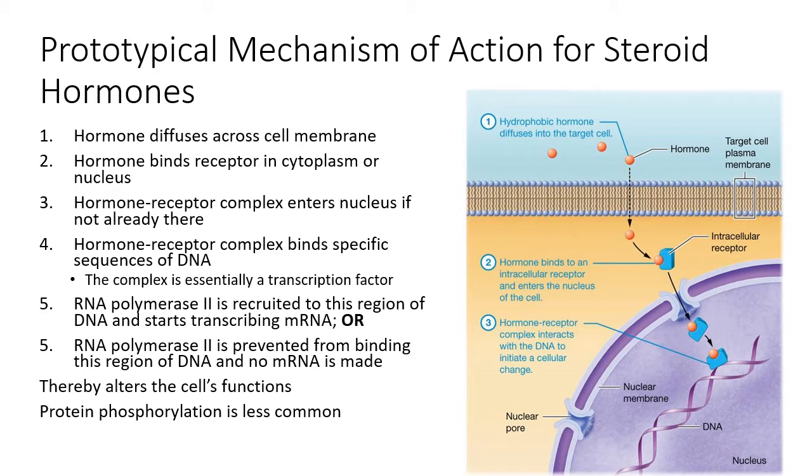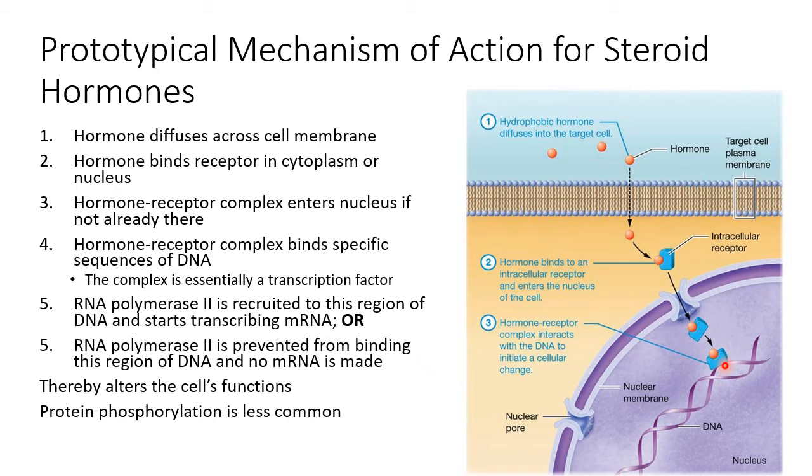For your steroid hormones, again, you don't need to know the details of this general mechanism at all, but we will go over it. So your steroid hormone is going to diffuse right across the cell membrane of its target cell and bind to a receptor inside that cell. Generally, once the hormone is bound to its receptor, that complex is going to enter the nucleus and bind to DNA.